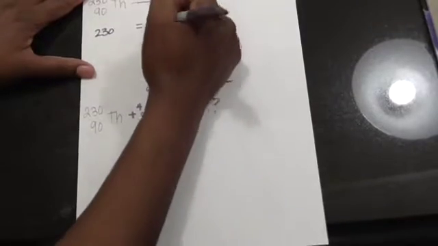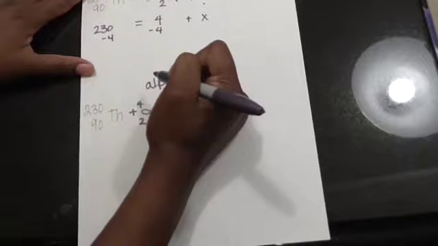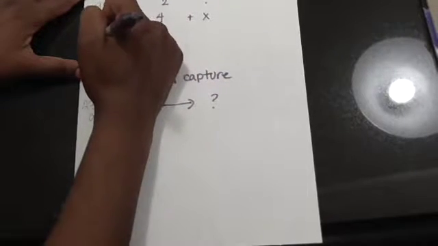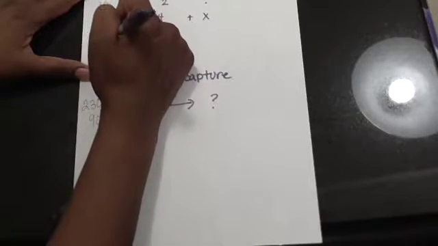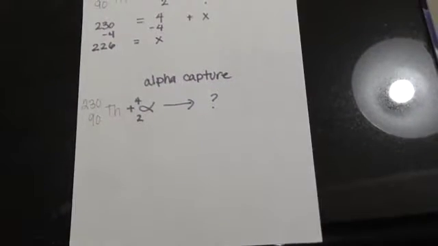In order to solve this, I will need to subtract 4 from each side, and that will give me 226 equals x. Okay, so most of you are good with that one. That tells me that the top number, my mass number, should have been a 226.